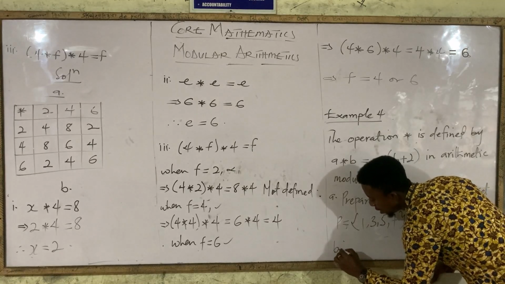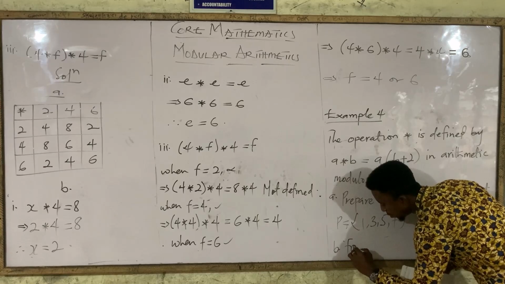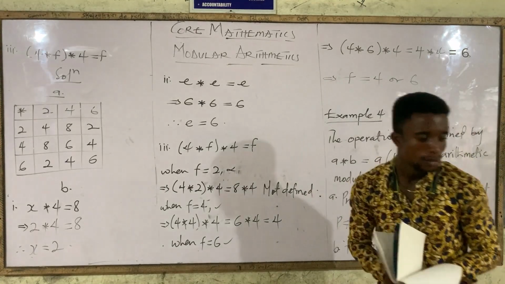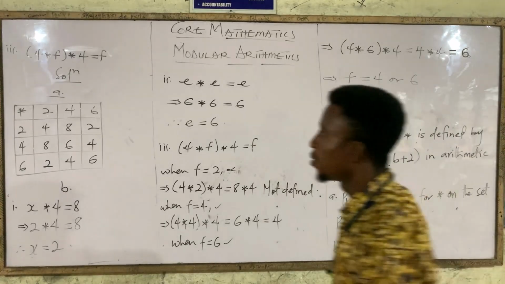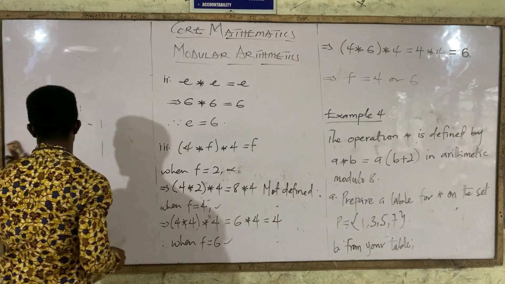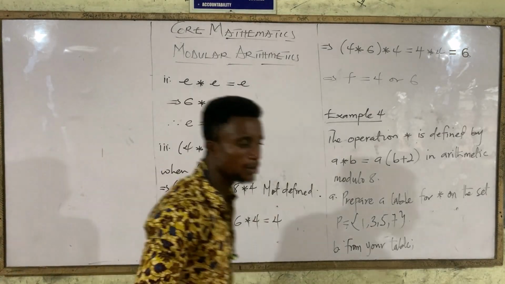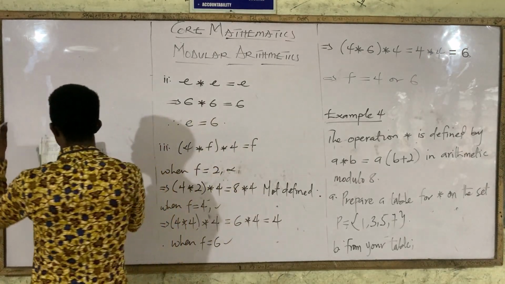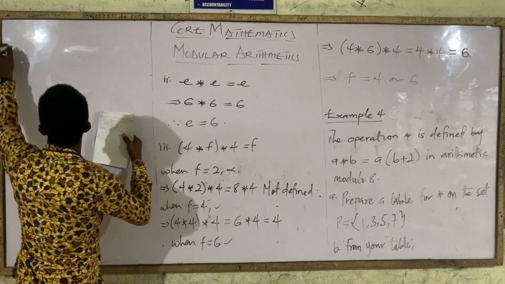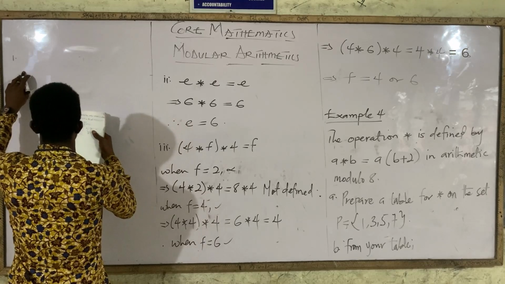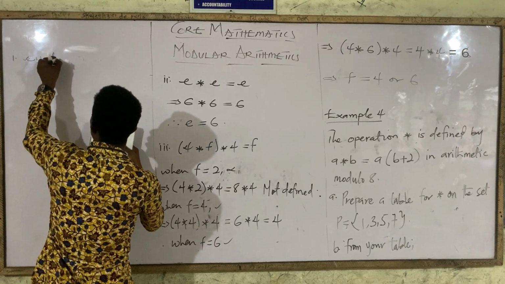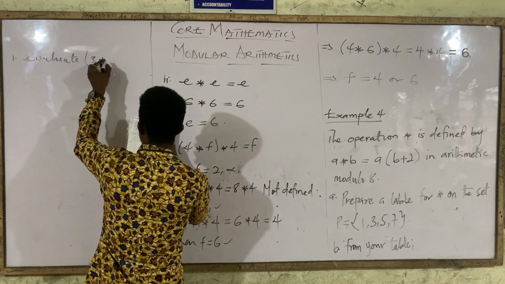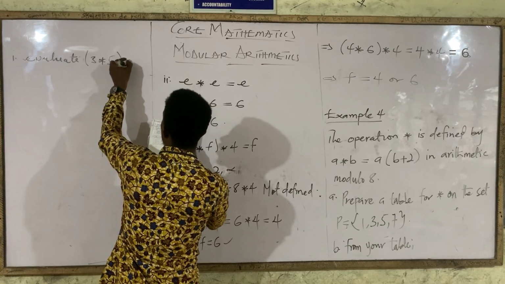Then B says, from your table, evaluate three star 5 star 7.